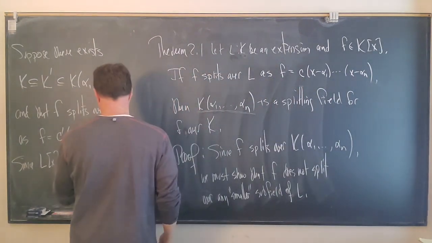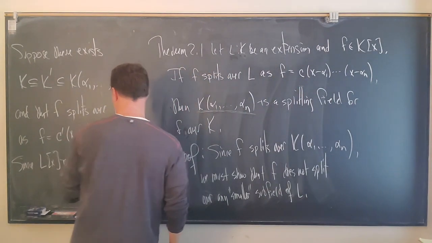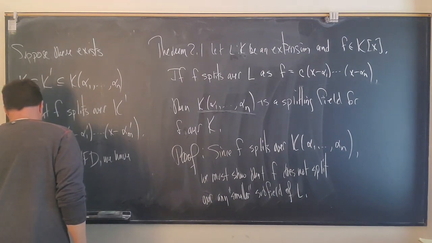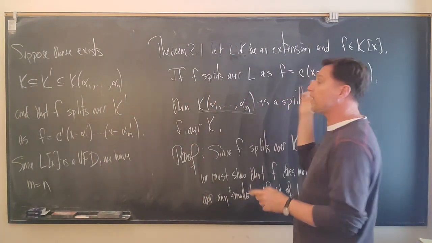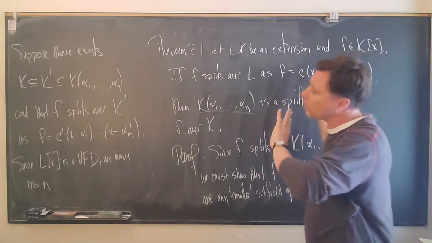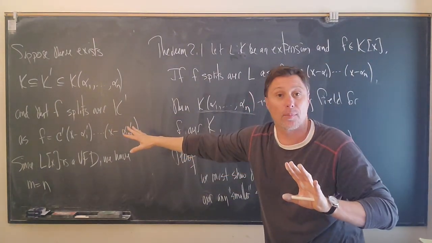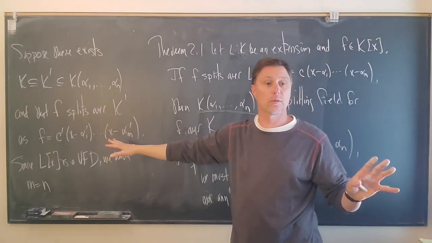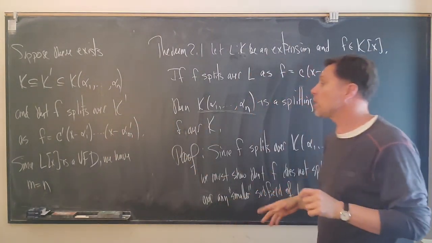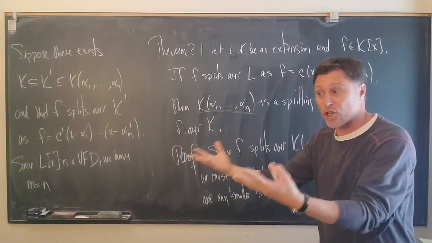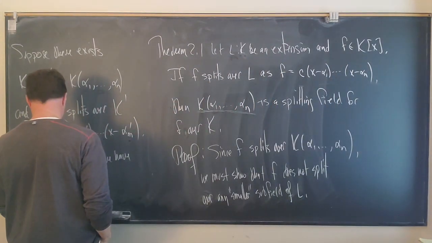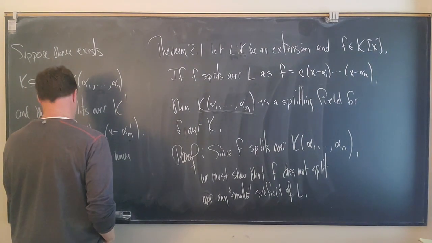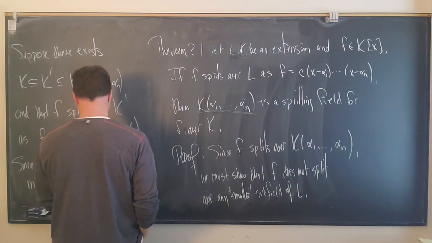Also, these factors are going to agree up to units. But we pulled all the units out and made all of our factors monic polynomials, which means that they're going to match directly. So we have m equals n, c equals c prime, and up to ordering, of course.